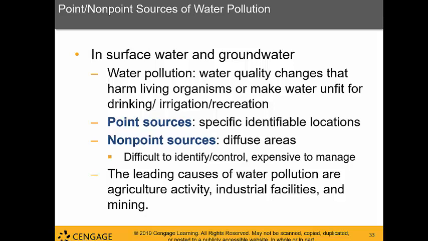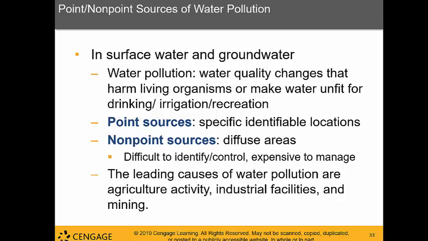The most important causes of water pollution include agriculture, industrial facilities like factories, and mining. Okay, recall from our previous chapter on mining that the finely ground overburden from mining creates a lot of fine materials that releases toxic metals that are buried in the rock layers into the water.